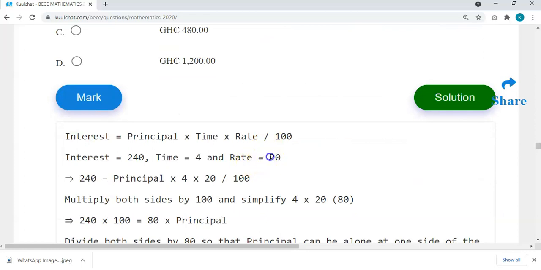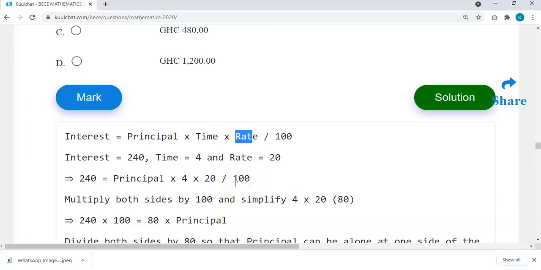So our rate is 20. Now we can substitute our values in our general formula. Our interest value is here. We are looking for principal, so we can just call it principal. The time is 4 years, so 4. Our rate is 20 all over 100.